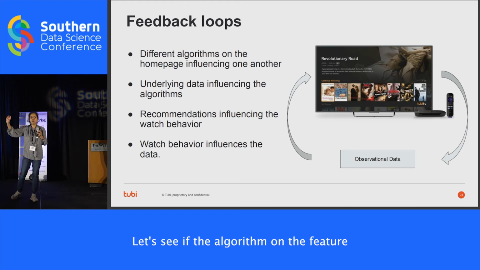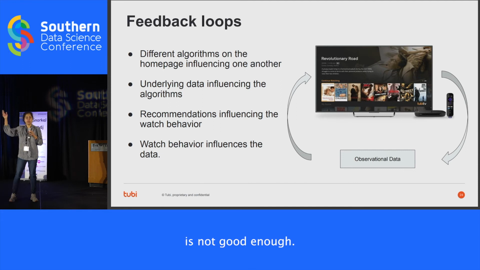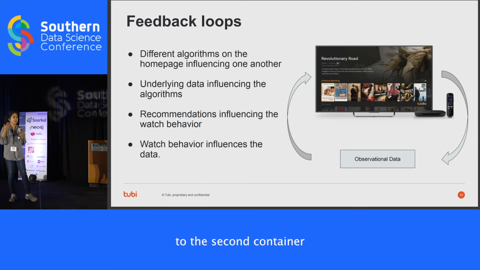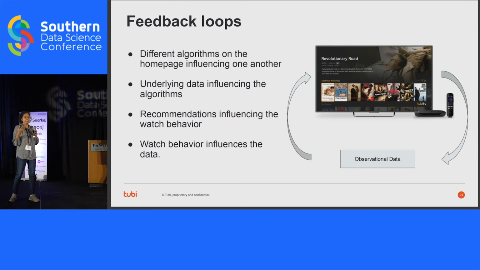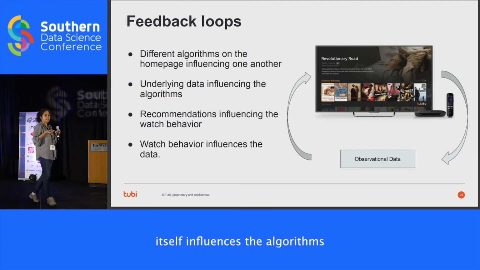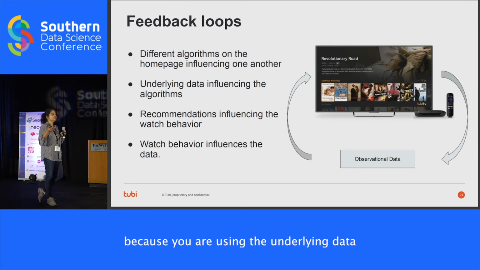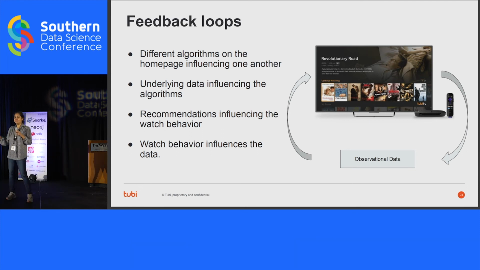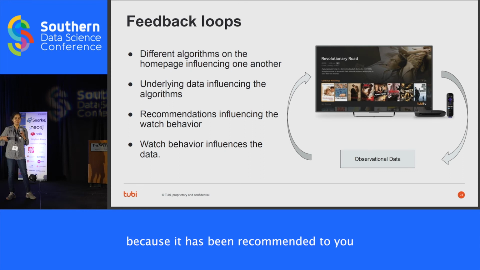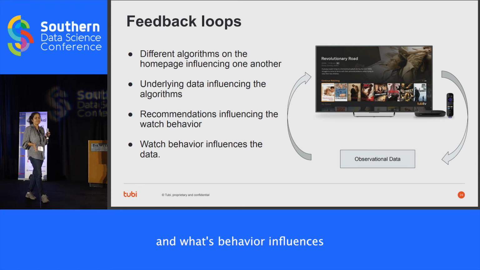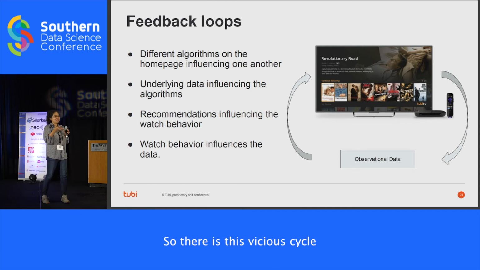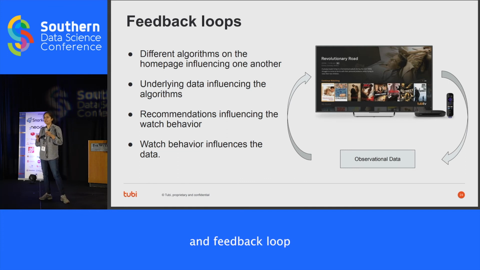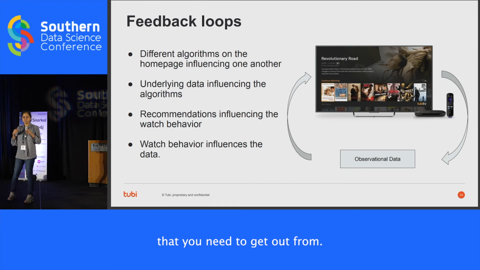Let's say if the algorithm on the featured or the topmost container is not good enough, maybe people will go to the second container and click titles on that. The underlying data itself influences the algorithms because you're using the underlying data to train the new models that you want to deploy. And recommendations, of course, influence the watch behavior. Sometimes you watch a title because it has been recommended to you. And watch behavior influences the data that you collect. So there is this vicious cycle and feedback loop that you need to get out from.